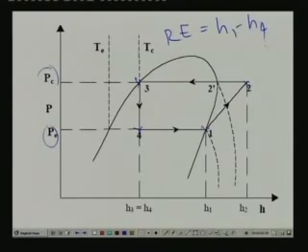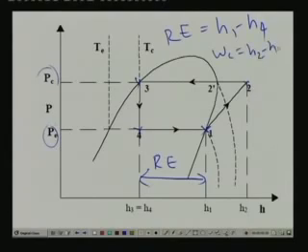This is nothing but this enthalpy minus this enthalpy, or this is nothing but this. This is your refrigeration effect. And what is the work of compression? Work of compression is nothing but H2 minus H1, that is nothing but this enthalpy minus this enthalpy, that is nothing but this. So this is your work of compression.